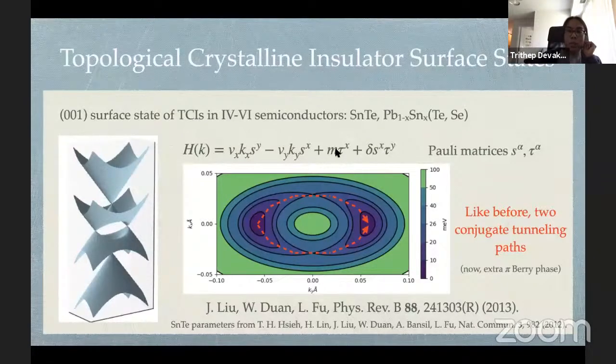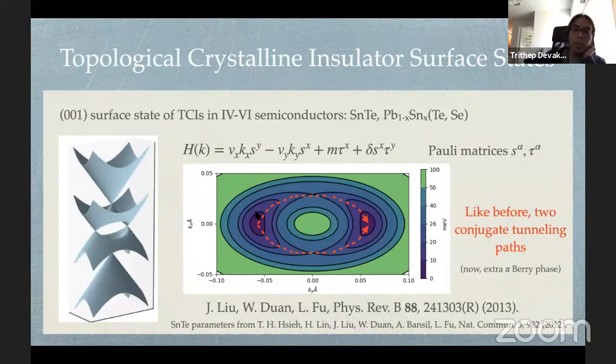And you have this term, which shifts the two Dirac points away from 0. So with just the first three terms, you have a Dirac point here, which describes this Dirac point here. You also have another Dirac point here, but then these two dispersions meet at a circle here. And when you turn on this delta term, that turns this circle crossing into two Dirac points located at 0 energy.